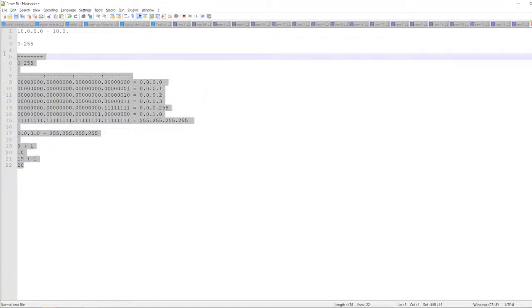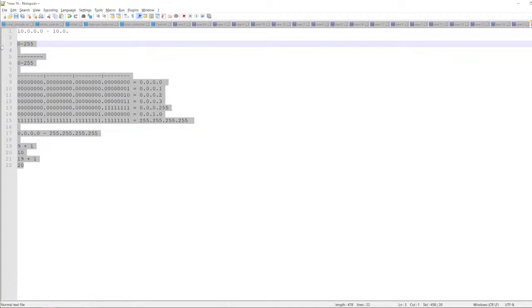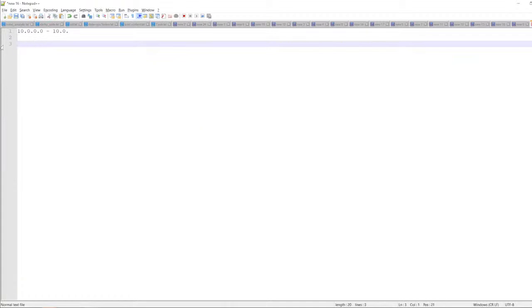Now we are limiting it to some values. We are not going to use the whole IP range. In our network we define how many IPs we have to use. In short, we write something like this: 10.0.0.0 slash 16.